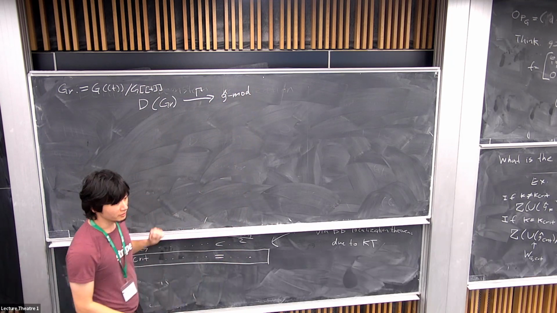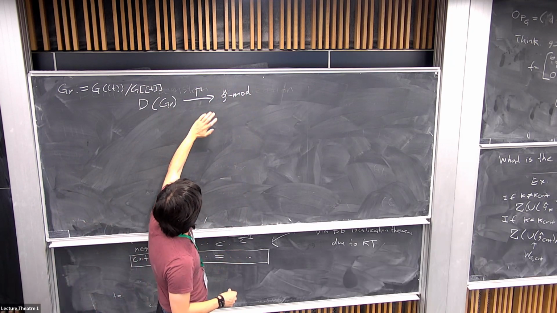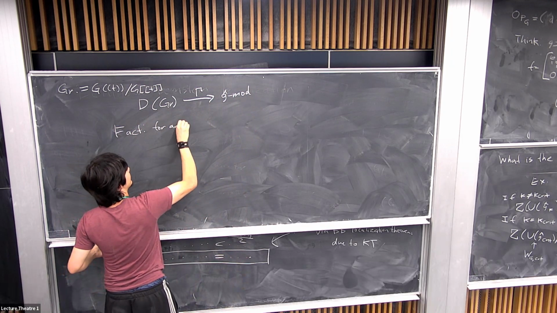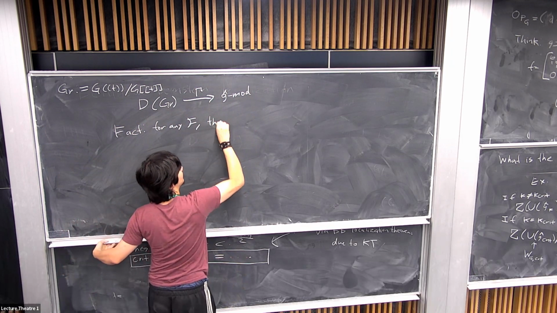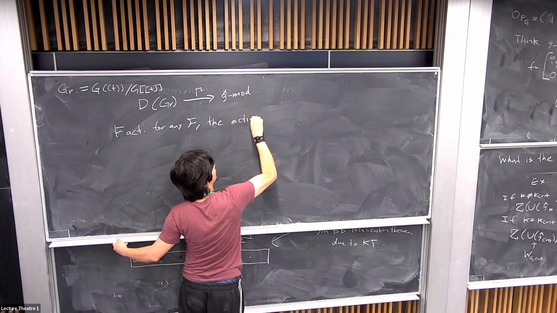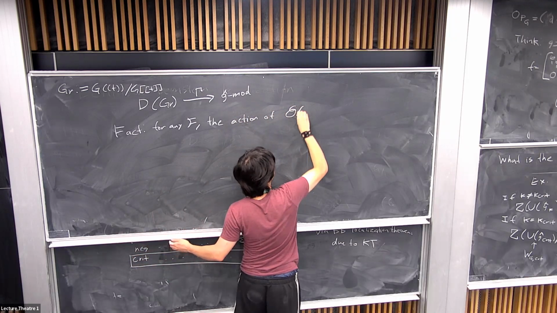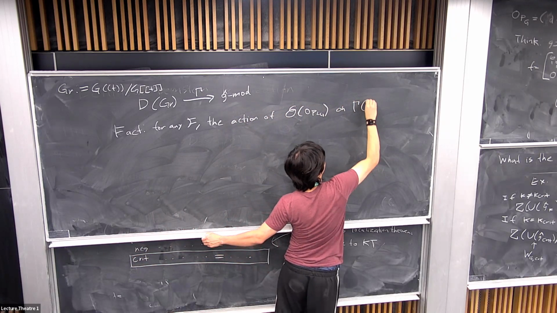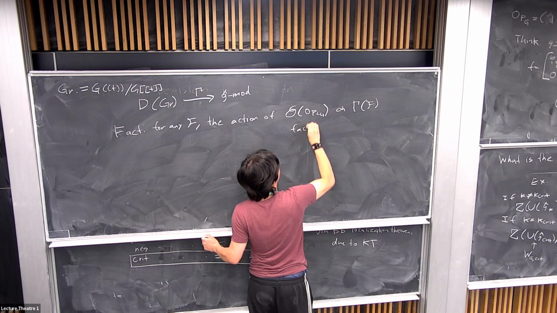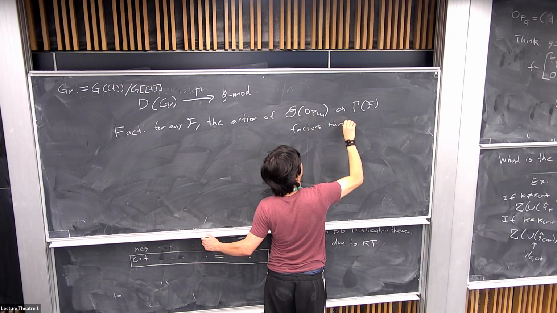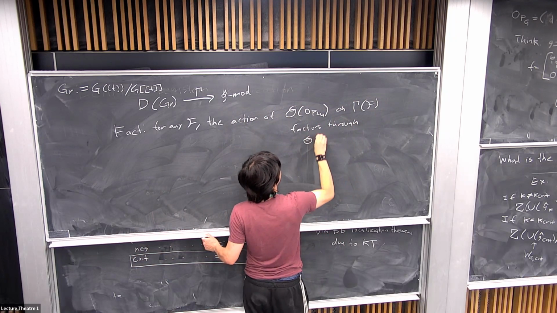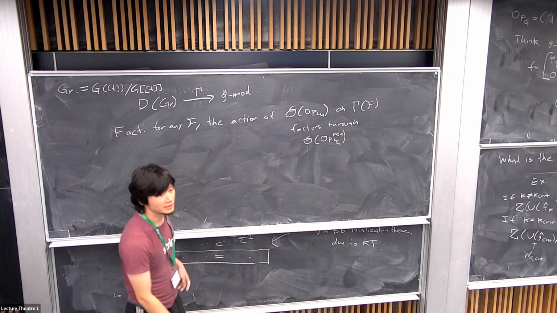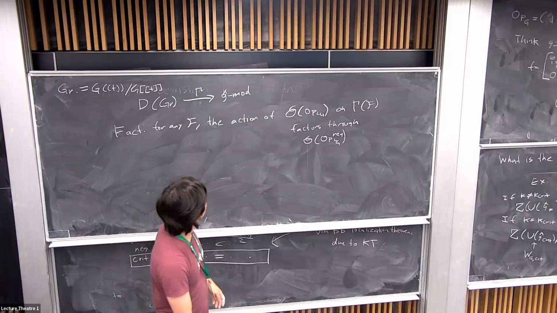So the first reason this can't be an equivalence is that, well, for any F, the action of the center, which is O of Op_G, on global sections of F, factors through O of Op_G^reg, G mod critical.